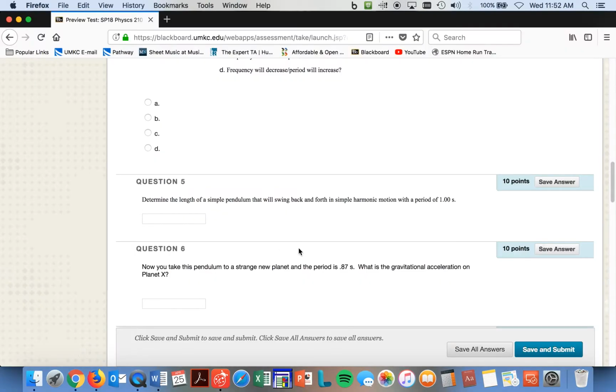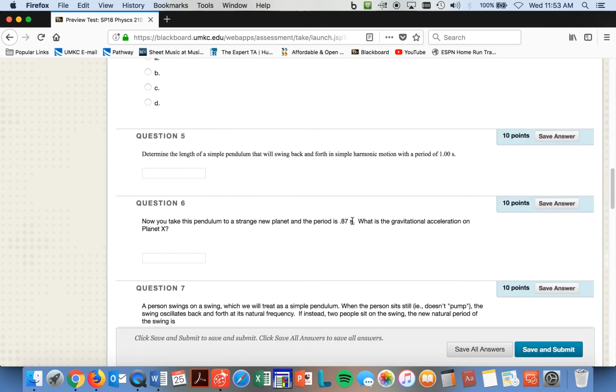Now we've got a period of 0.87 seconds on problem 6. What's the gravitation? You take this pendulum, so you have to get the correct answer in 5, which you can look up. You can Google the length of a 1 second simple pendulum, and it'll tell you.